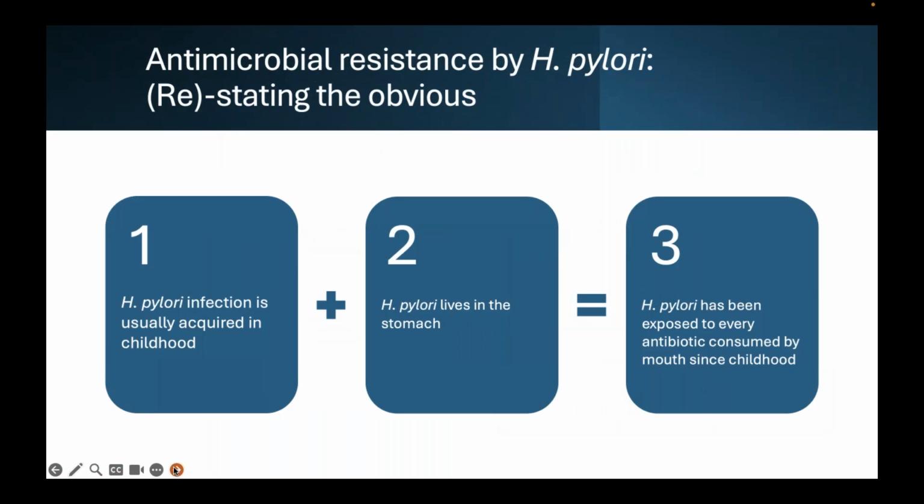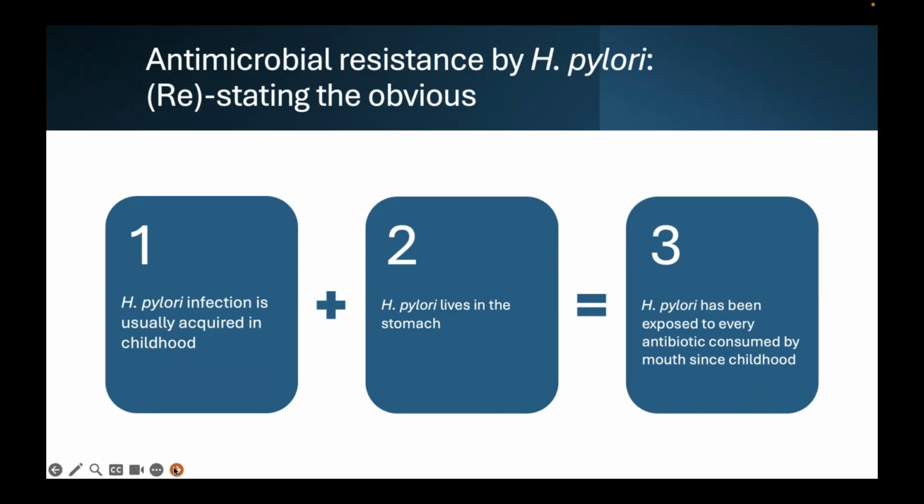So, as Steve mentioned, antimicrobial resistance by H. pylori is an increasing problem, and this slide is a bit of restating the obvious. Point number one, as Steve mentioned, H. pylori infection is usually acquired in childhood. Point number two, to really restate the obvious, H. pylori lives in the stomach.